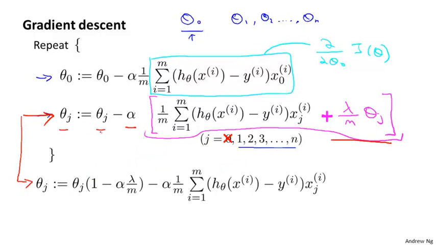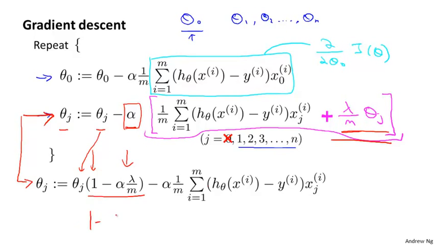All I did was note that theta j here is theta j times 1, and this term is lambda over m. There's also an alpha here, so you end up with alpha lambda over m multiplied into theta j. And this term here, 1 minus alpha times lambda over m, is a pretty interesting term. It has a pretty interesting effect.